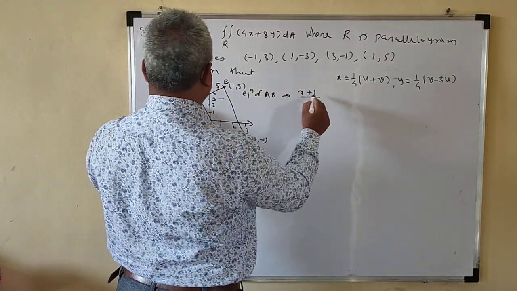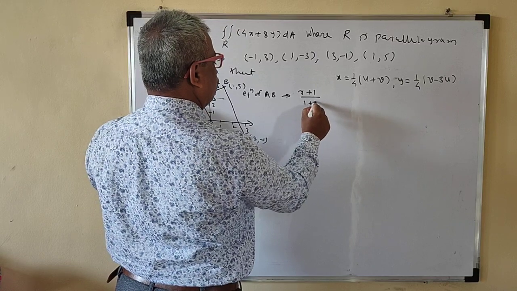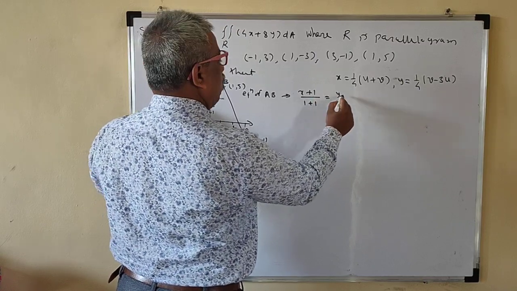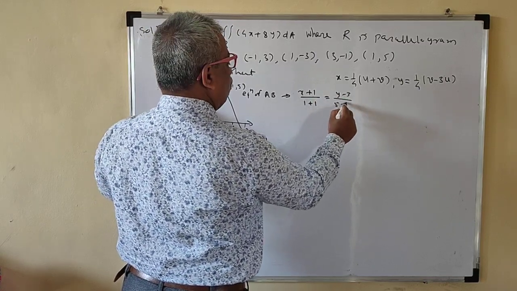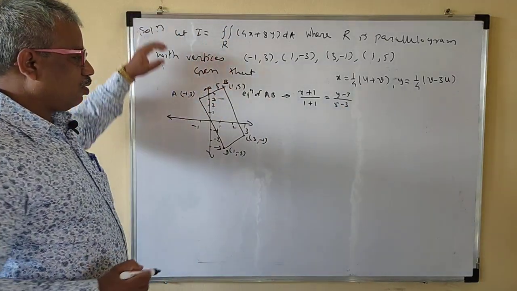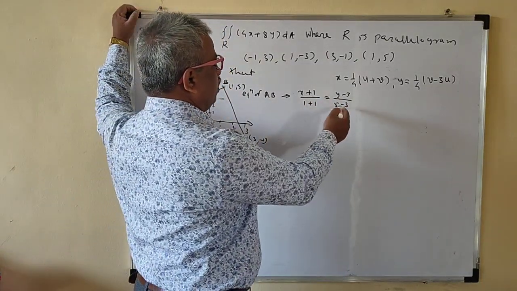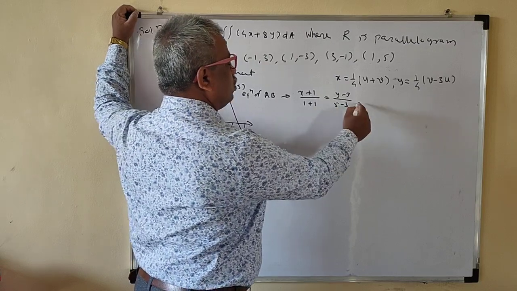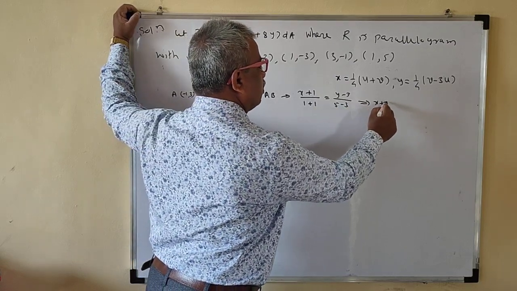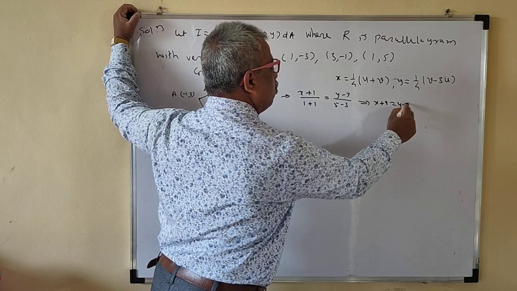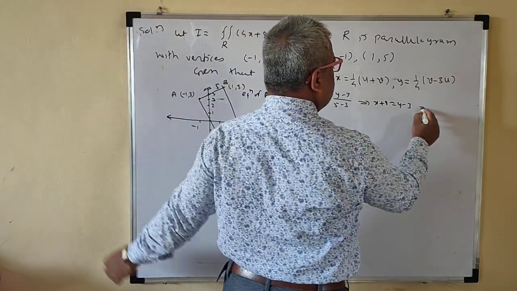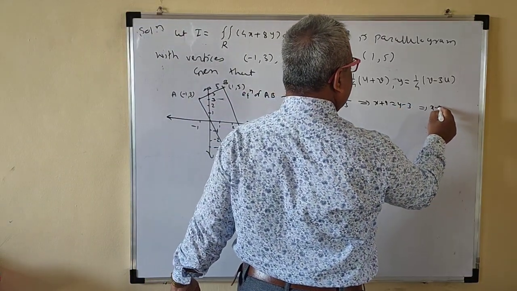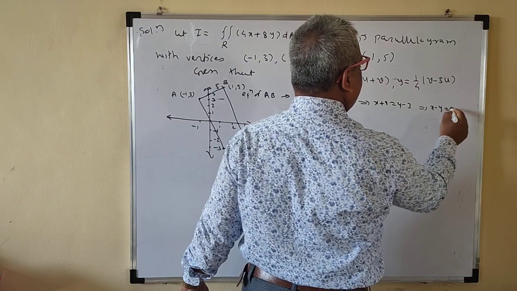So (x plus 1) upon (1 plus 1) is equal to (y minus 3) upon (5 minus 3). Cross multiplying, the 2 gets cancelled. This implies x plus 1 is equal to y minus 3, so x minus y is equal to minus 2.